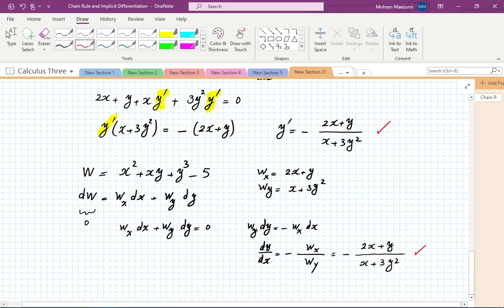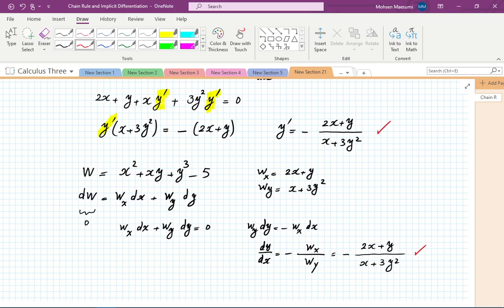So instead of the approach that you had in calculus 1 to find the implicit derivative, we have another method which is kind of cleaner, faster, and cuter than that one, and it should give exactly the same answer. The nice thing is that this idea is applicable in any number of variables.